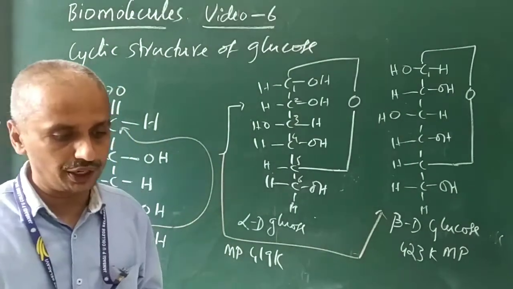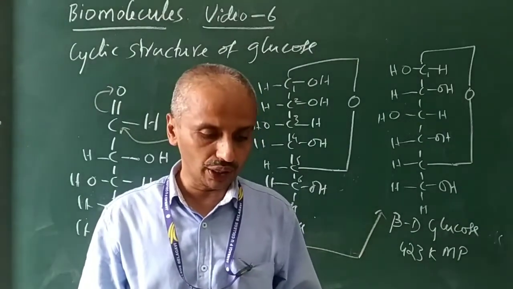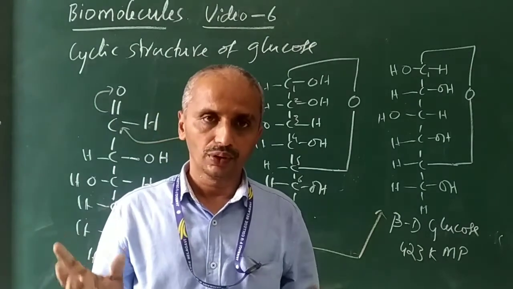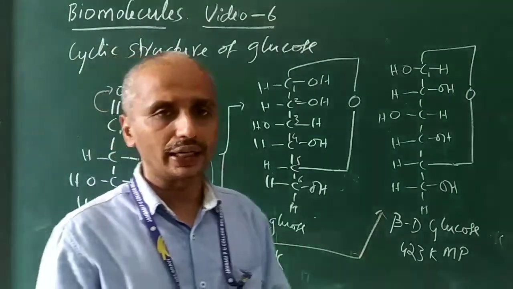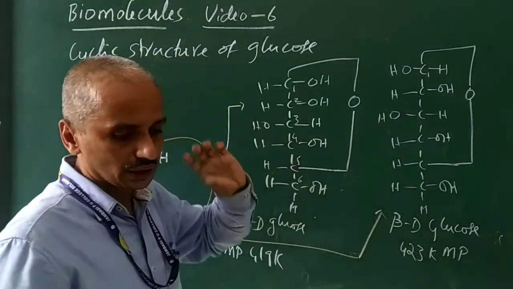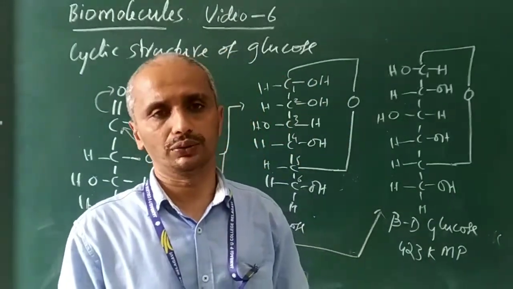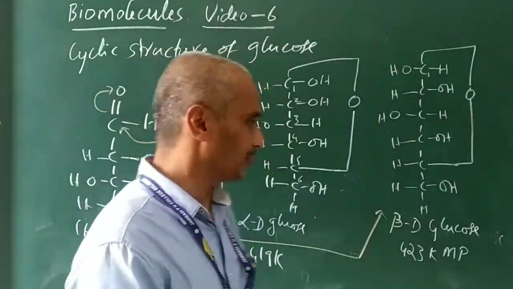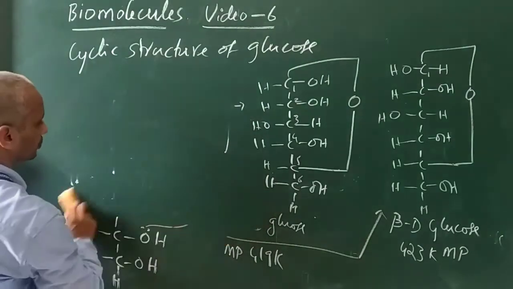Alpha D is obtained by crystallizing a concentrated solution of glucose at around 303 Kelvin. What I get will be this alpha D, whereas from a hot and saturated glucose solution at around 371 Kelvin we get beta D. Note this.